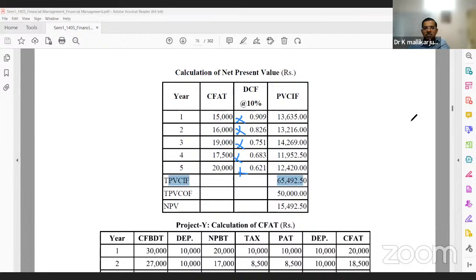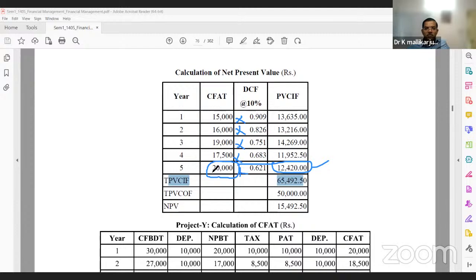What it means is that at the end of the 5th year you are receiving 20,000, but today's value is only 12,420. Receiving 20,000 at the end of 5 years is okay, but today we are going to take a decision, so today's value, 12,420, is the present value.